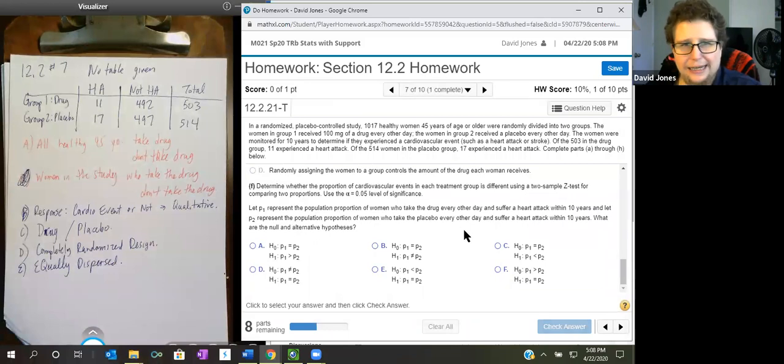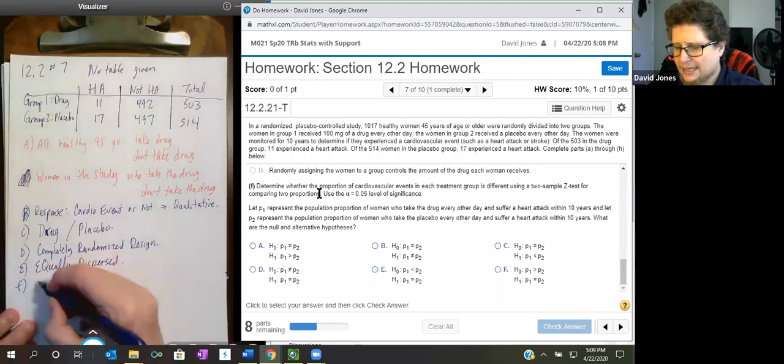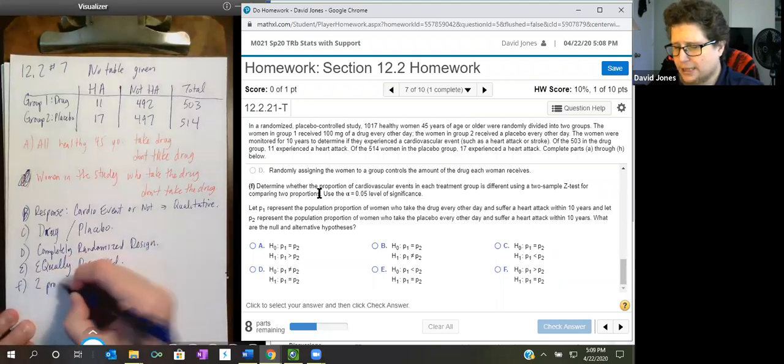Now it gets tricky. Look at what they did. Let P1 determine whether the proportion of cardiovascular events in each group is different using a two-sample z-test for comparing two proportions. Part F, when you read it, says do a two-proportion test.